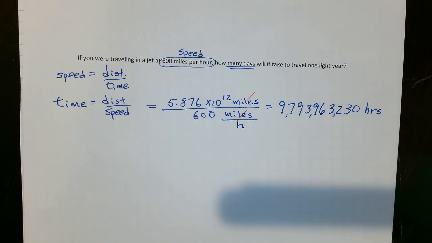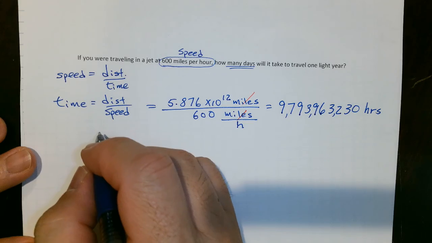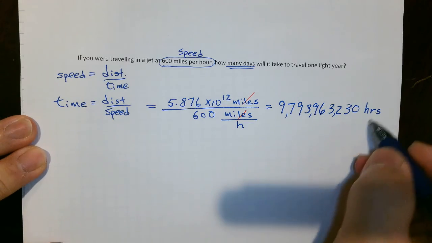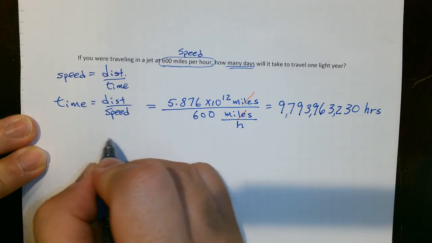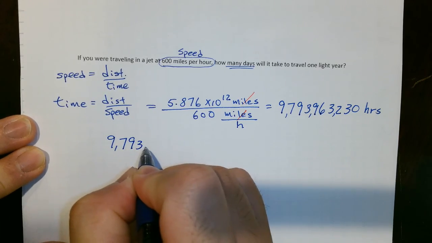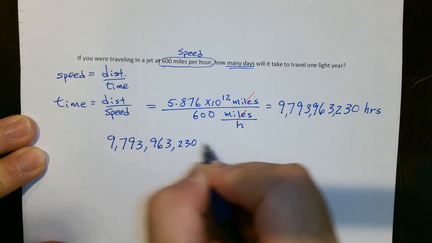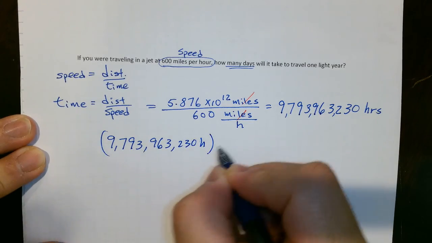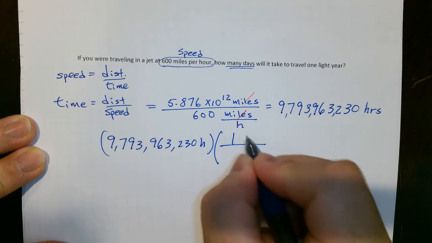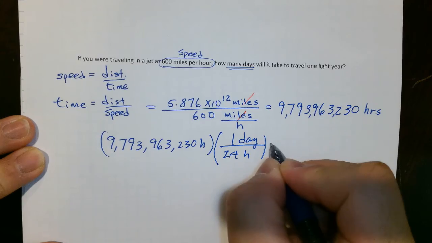Well, let's put it more in terms so we can understand how long that really is. Let's convert that into days. 9,793,963,230 hours, and in one day there are 24 hours.